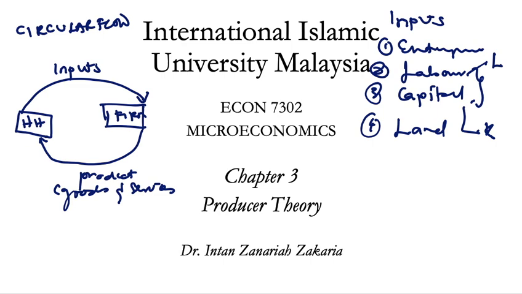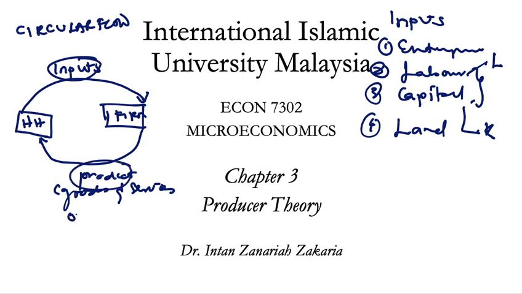Like I said earlier, firm receives input from household, so that firms can use these inputs to produce goods and services or products. So if we take a firm in an economy, or we call it a producer, this firm carries out the production process, and in the production process, this firm transforms these inputs that it receives from household into output or product.